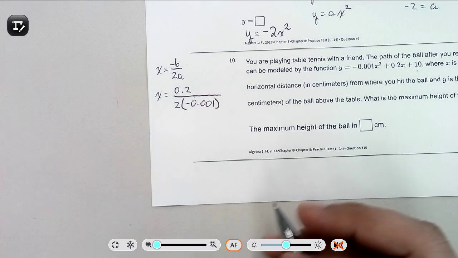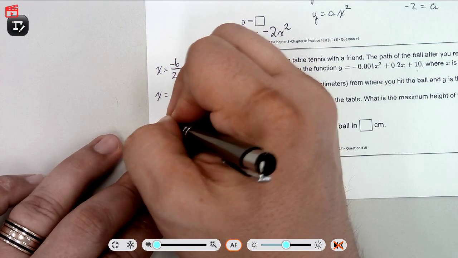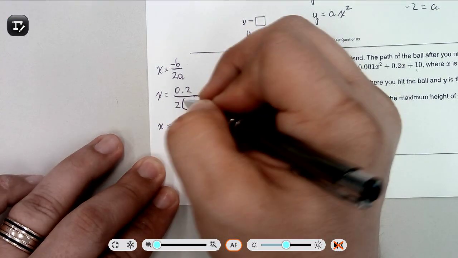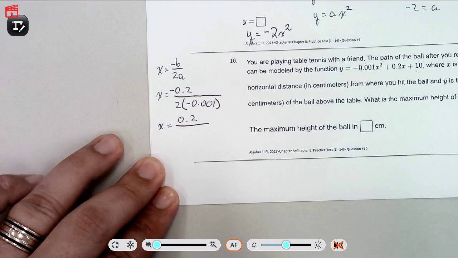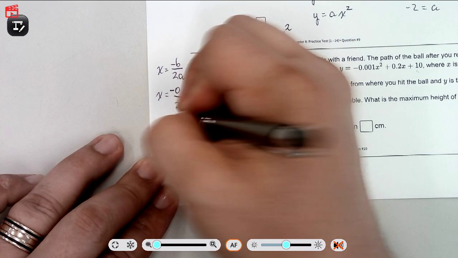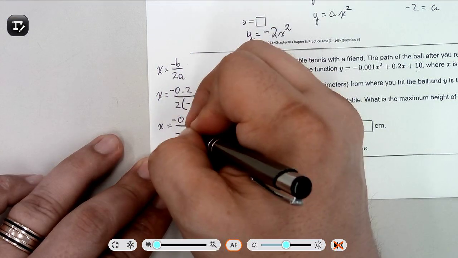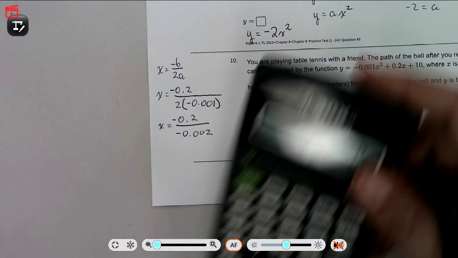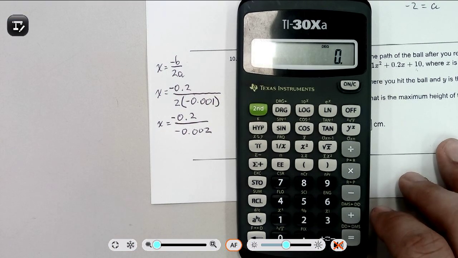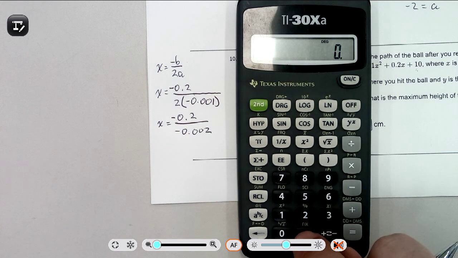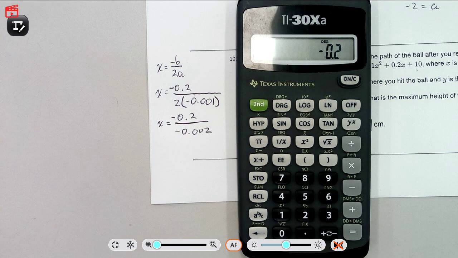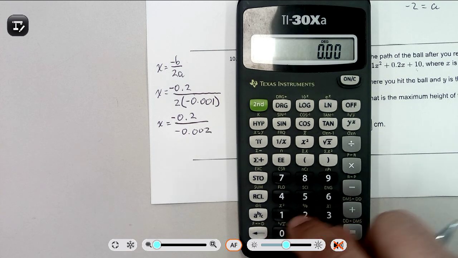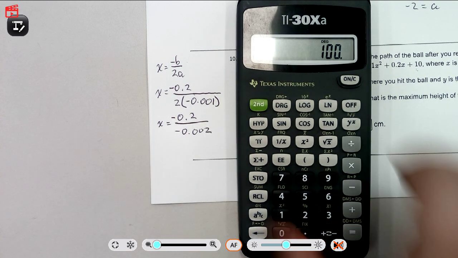If you're not so good with decimals, feel free to use a calculator. Well, that should be negative because it's the opposite. Good. So -0.002. So I'm going to go grab my handy calculator, a handy TI-30, and negative 0.2 divided by negative 0.002, x is 100.